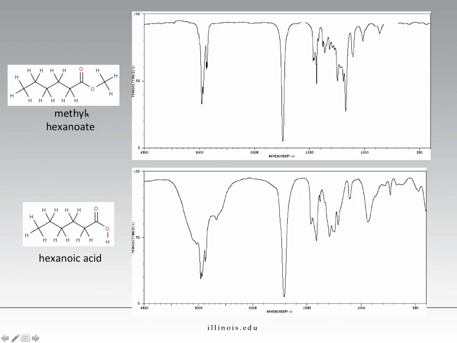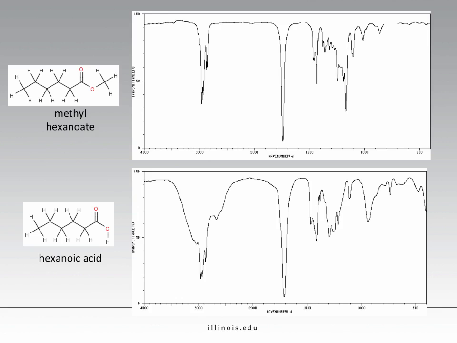Both the ester and the acid have a carbonyl stretch because they both contain carbonyls. However, only the carboxylic acid contains an OH, which is why only the IR spectrum corresponding to the acid contains this broad OH stretch. This is the end of the example IR spectra for this webcast.